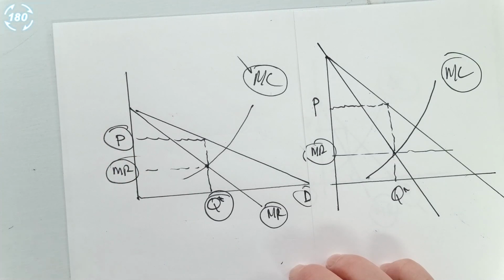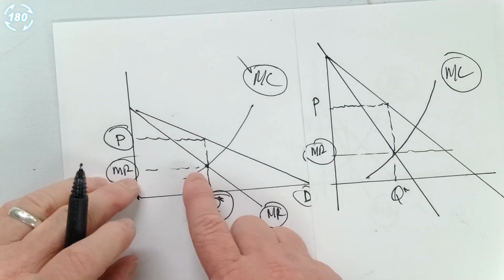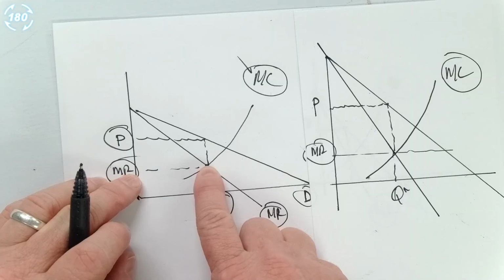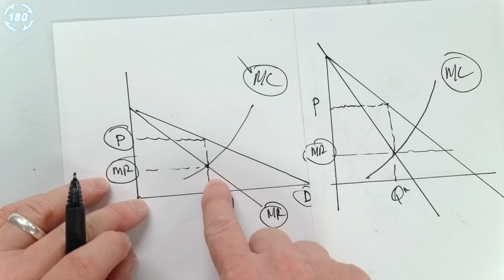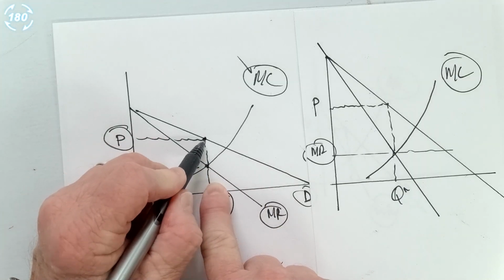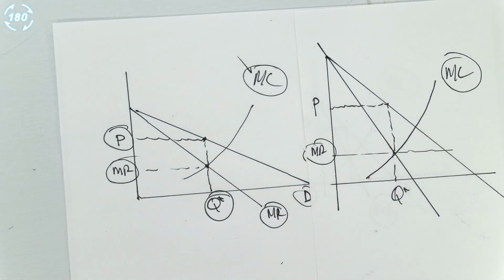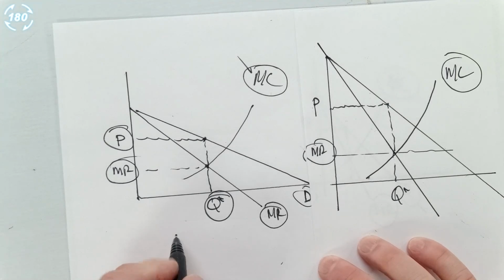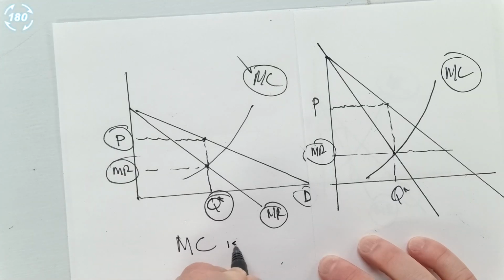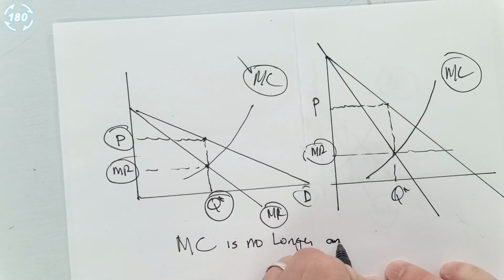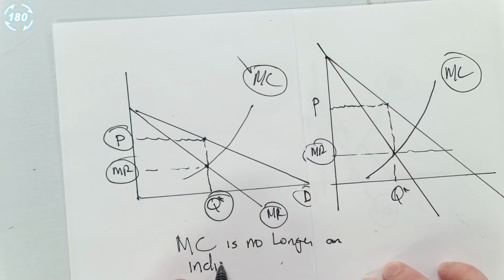Quantity supplied and price. The quantity that a supplier will bring to the market, you can always measure this way, but it's going to be delivered to the market at differing prices or lower prices here than here. I don't know, it might be a little abstract. I probably left you there, and that's okay. Something to think about. The marginal cost curve here is no longer an individual supply curve.